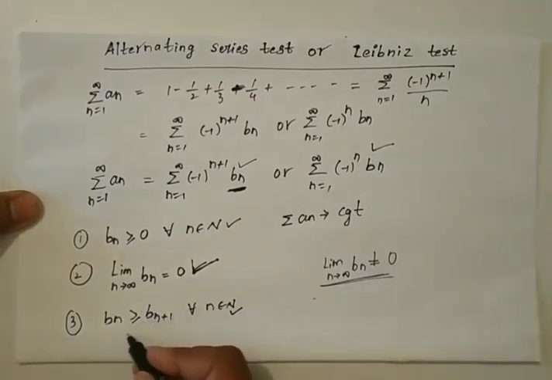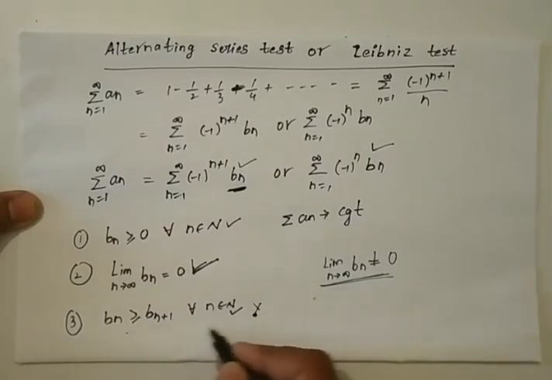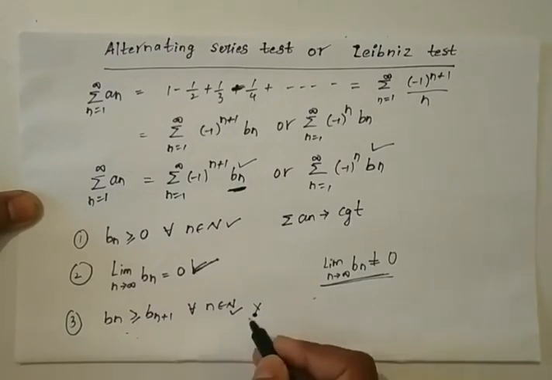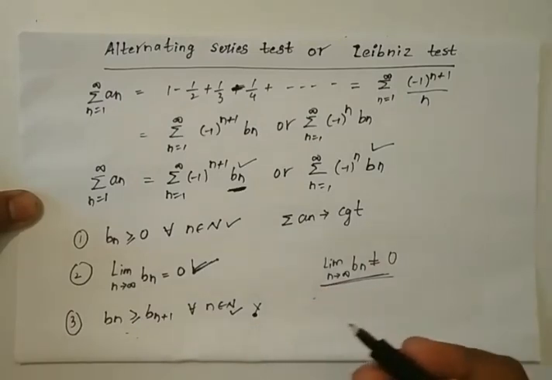If the third condition in the alternating series test is not satisfied, then try a different method to test the convergence of the series.